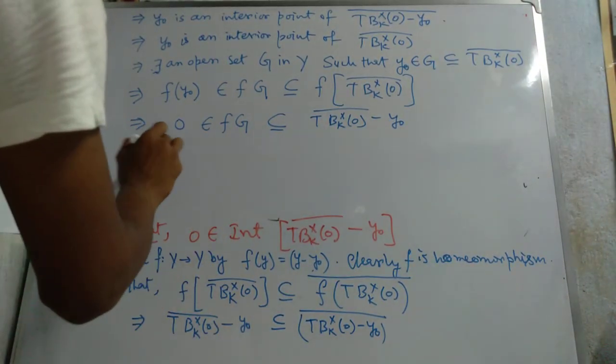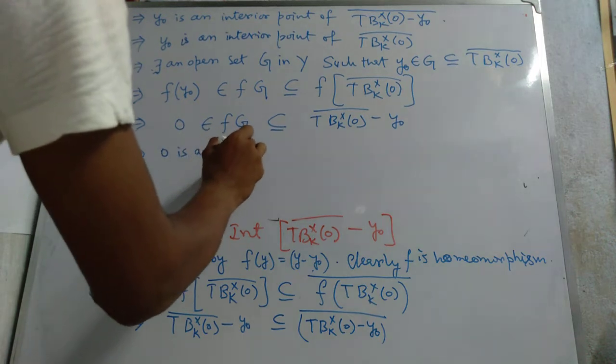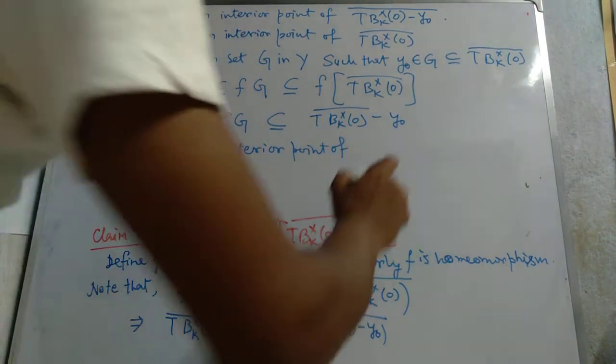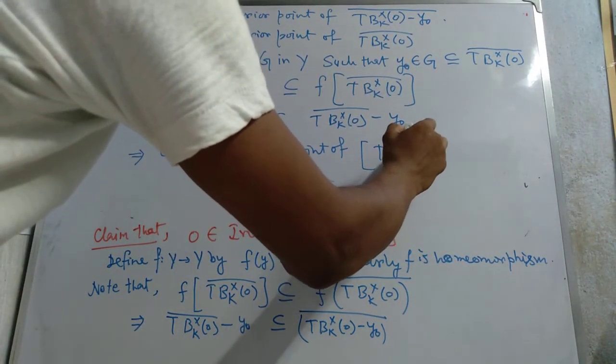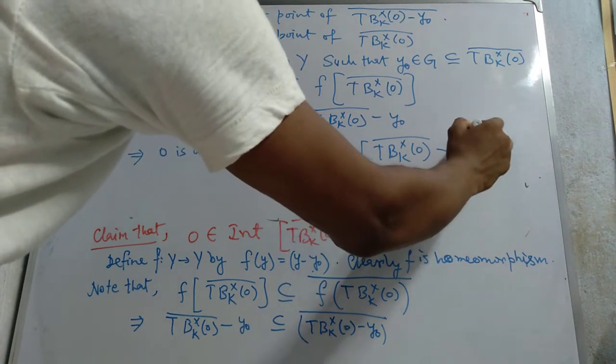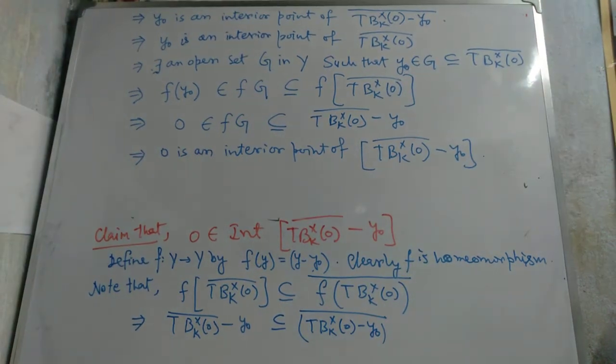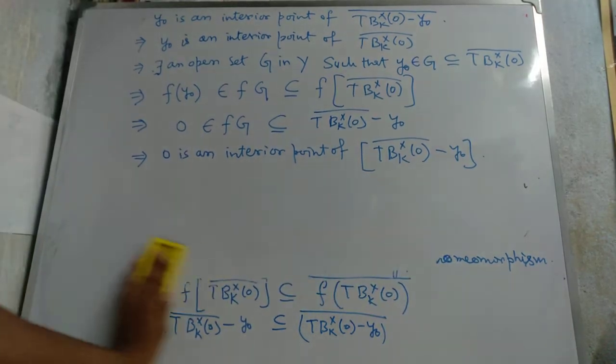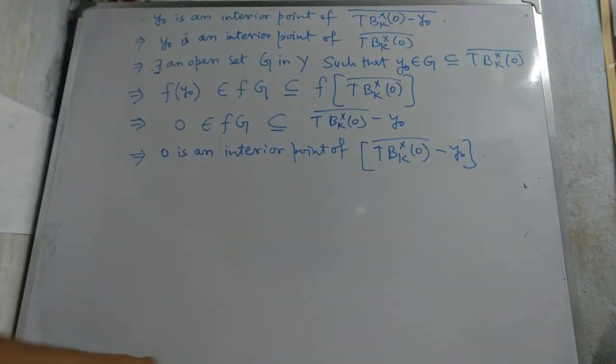This implies that 0 is an interior point of the closure of T(B_k(x0)) − y0. So we have proved the first claim: 0 belongs to the interior of T(B_k(x0)) − y0. Now we go to the second claim.